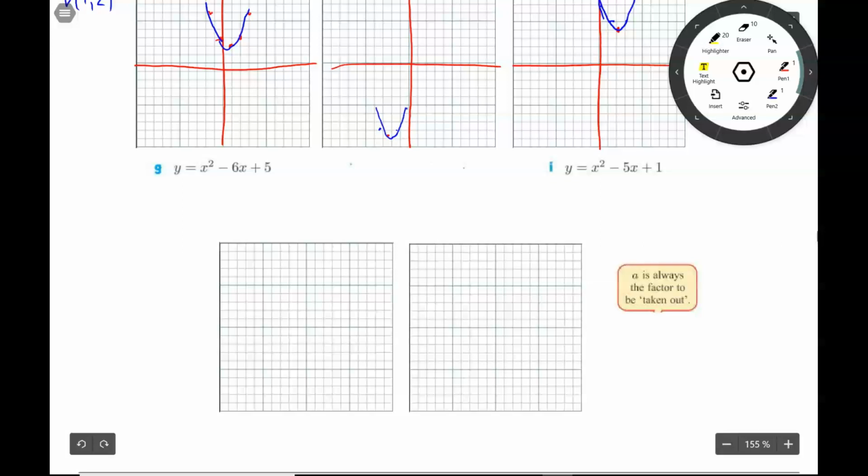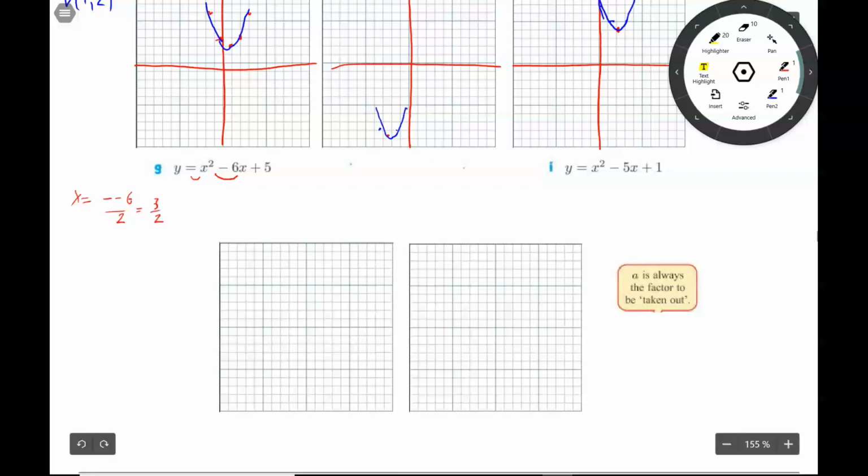So in this one, negative 6 is the b, and a is 1. So negative b over 2a would be negative 6 over 2, which is equal to 3 halves. So my vertex x value is going to be 3 halves.